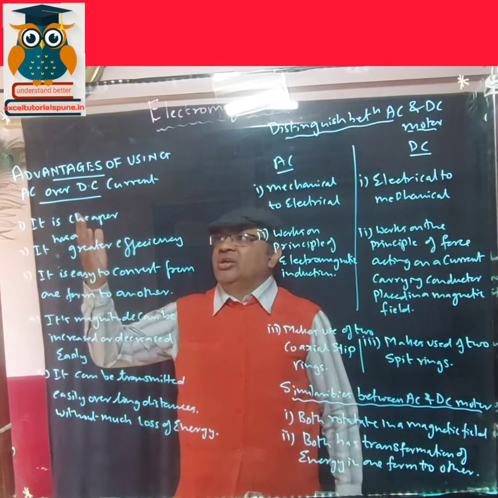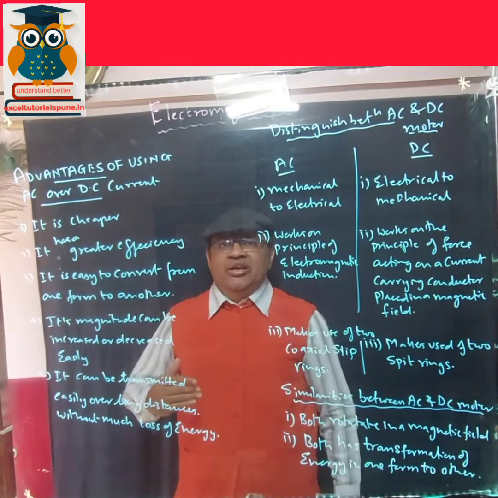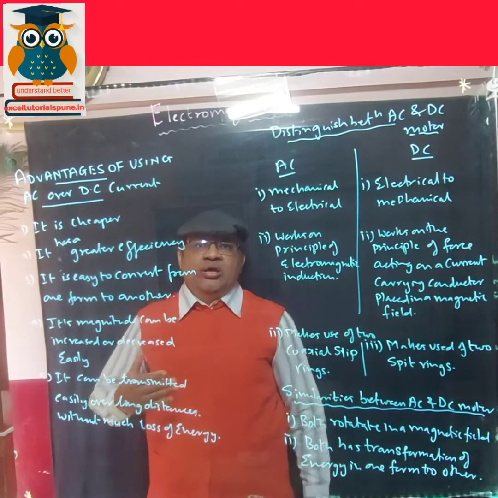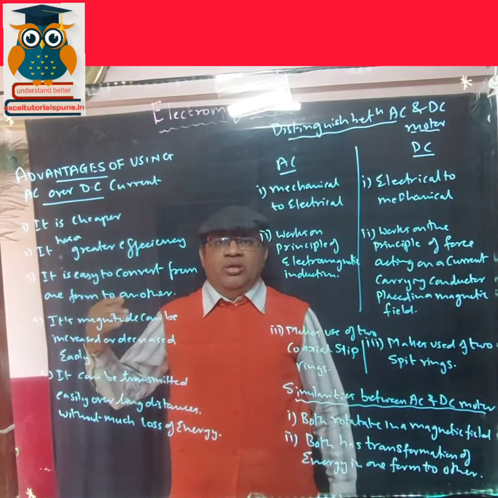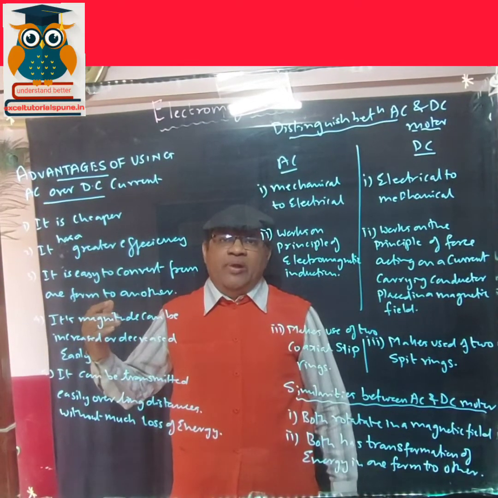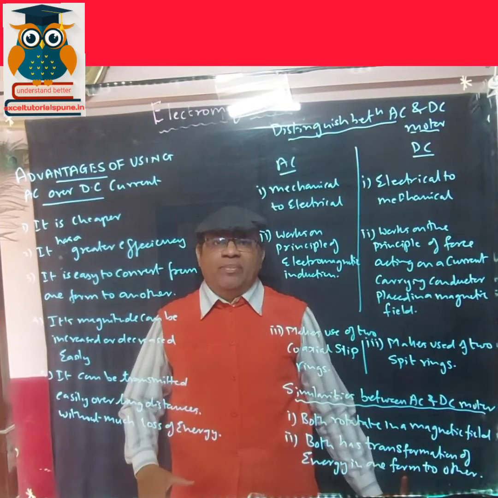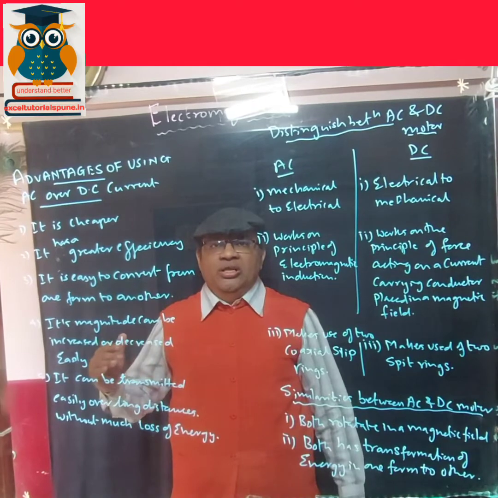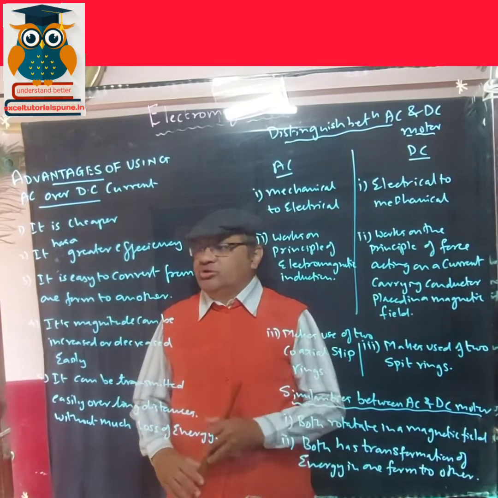So AC current can be transferred from one form to another, whereas with DC current, we cannot use a geyser or a fridge, or maybe higher-power appliances. Maybe the battery will get over fast or it can get damaged also. So that's why it's easy to convert AC to other forms rather than DC source.